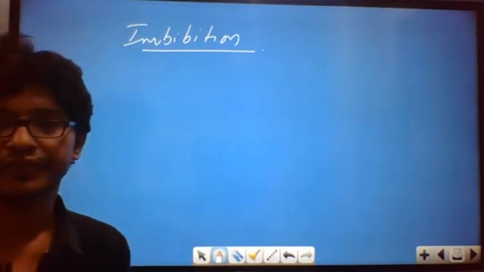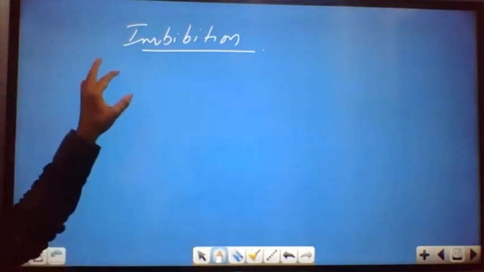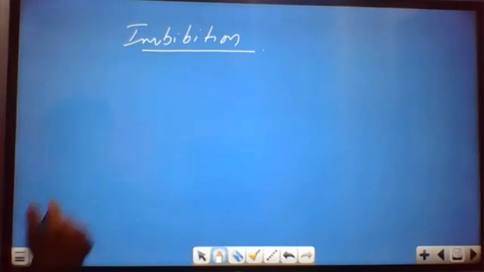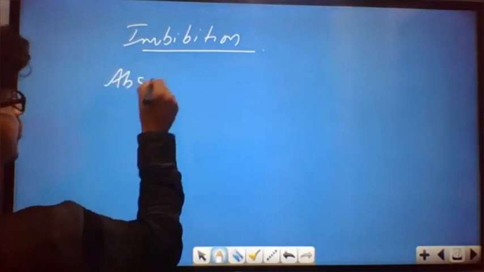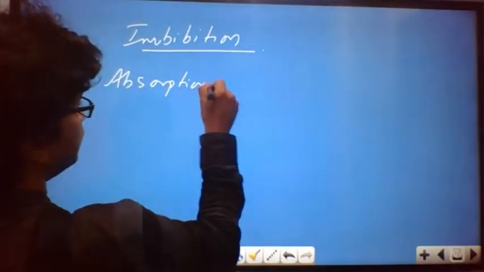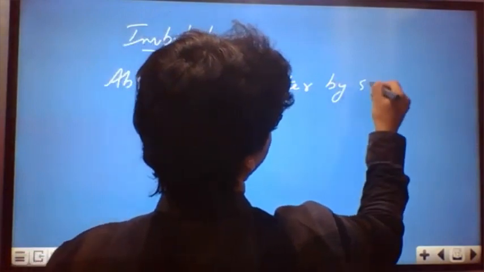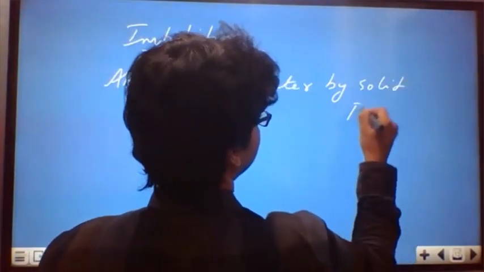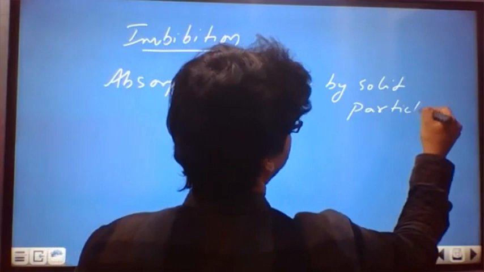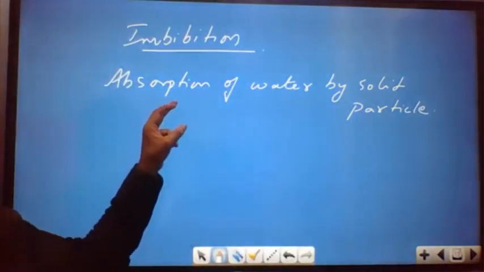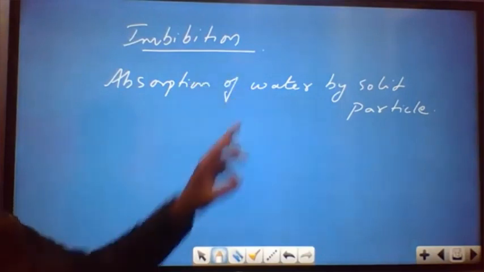Okay, so coming to imbibition. Imbibition is the absorption of water by solid particles, a solid particle of a substance without forming a solution.